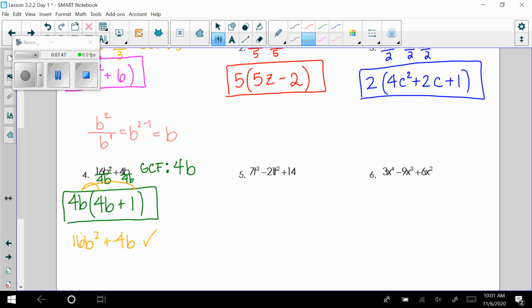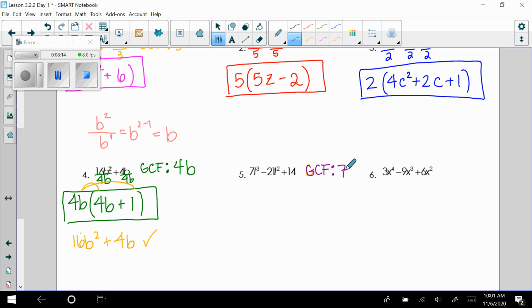All right, looking at number 5 here, our GCF for this, I have 7, I have 21, and I have 14. So if I look at my factor list, you should see that the number that goes into all 3 of these terms would be 7.